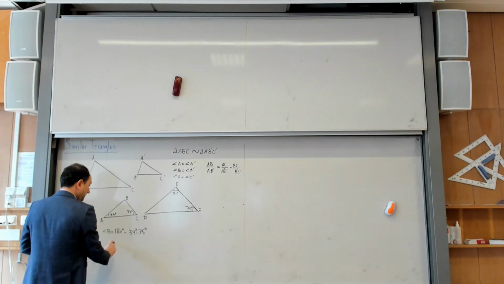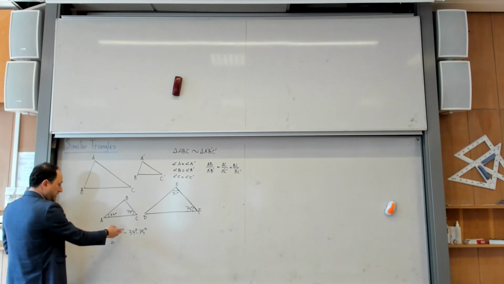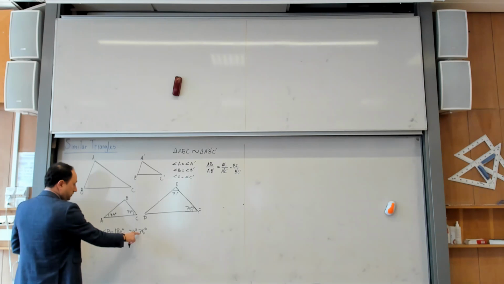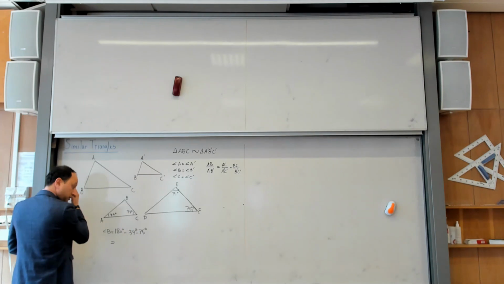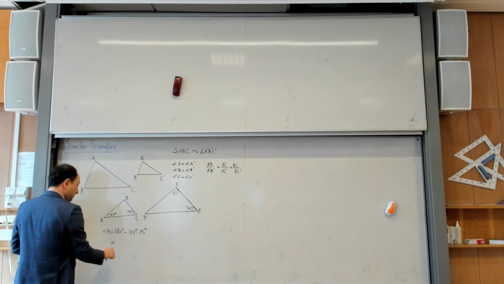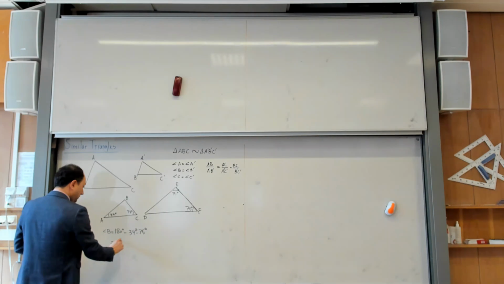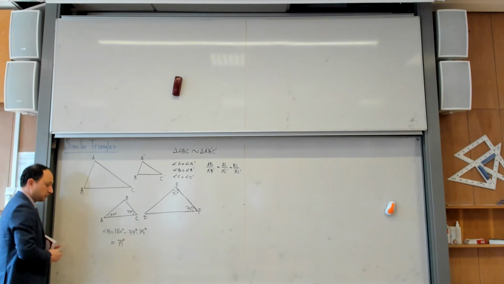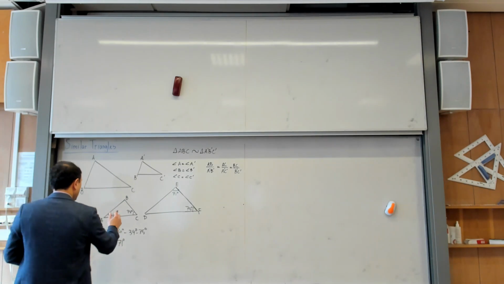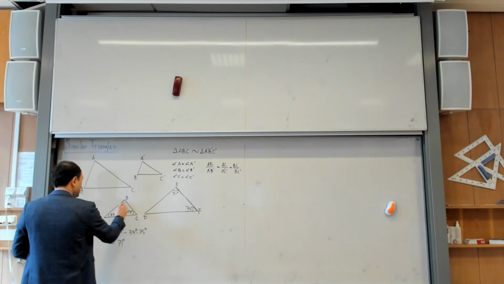If I calculate this, what will happen? Sorry, this angle, what happens? This becomes 109, am I right? This becomes 109, and I subtract it from 180, it becomes 71 degrees. So this means that this angle is 71 degrees now.